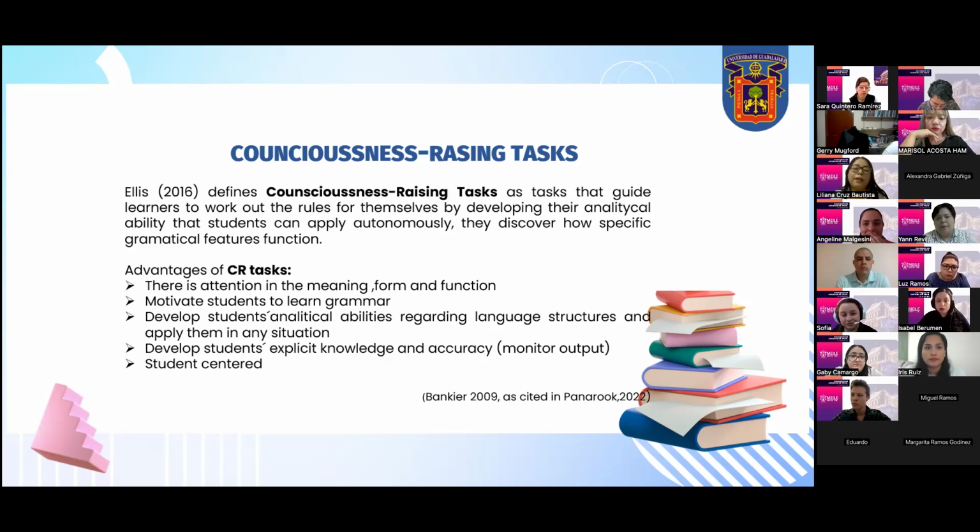In addition, one of the advantages of consciousness raising tasks is that they are more student centered, which means that students are not only expecting the teacher to provide them with the complete rule as in the traditional grammar method. Instead, students are challenged and motivated to discover the rules by themselves.